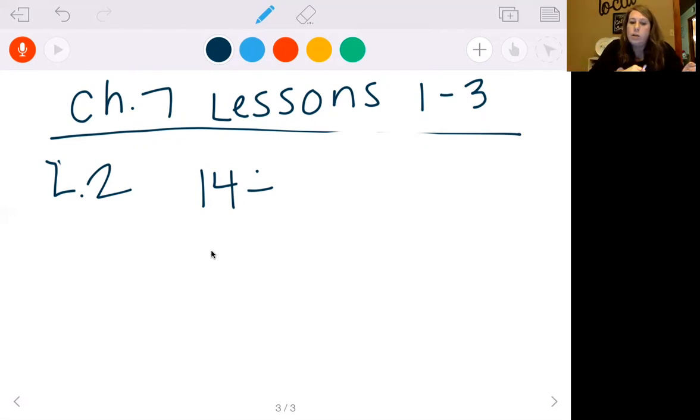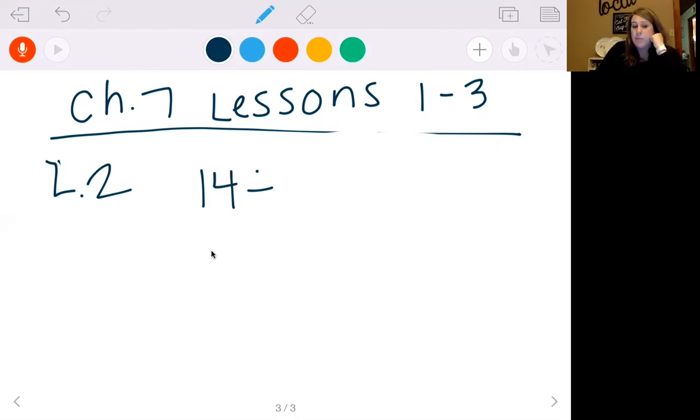I'm going to put 1 in this group, 1 in this group, 1 in this group, 1 in this group. So we're going to keep going until we get to 14. So we have 1, 2, 3, 4, 5, 6, 7, 8, 9, 10, 11, 12, 13, 14.